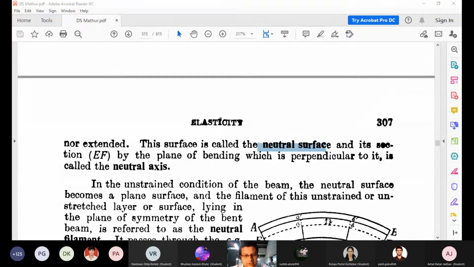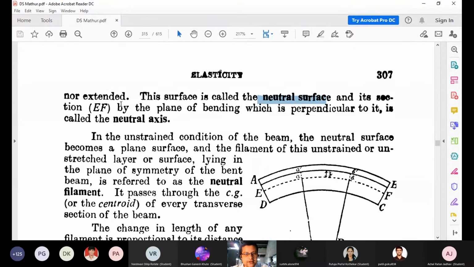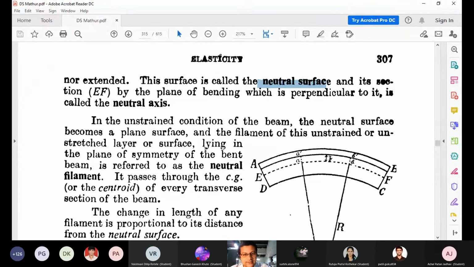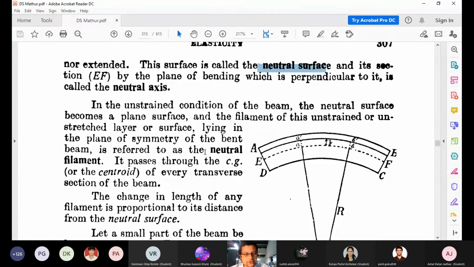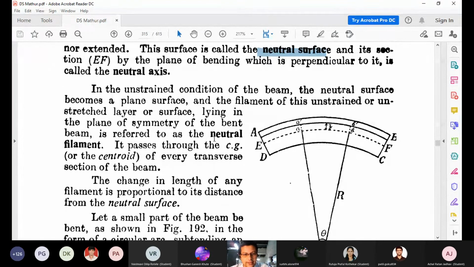So here you can talk about the beam's bending moment. This neutral surface we have now defined, and we also defined the perpendicular plane for which EF is neutral, which we call the neutral axis. These terms may be new for you, but you will understand.